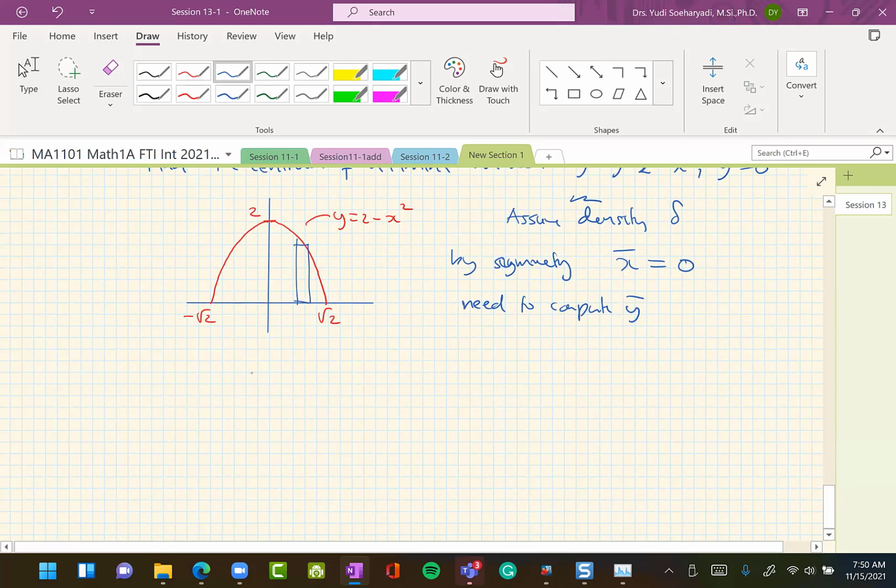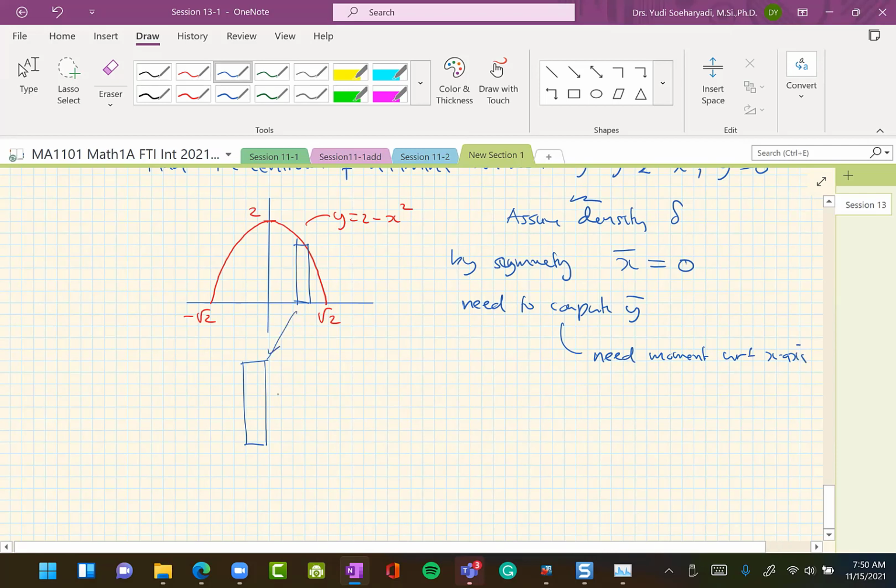To find y bar, we need to compute the moment with respect to the x-axis.